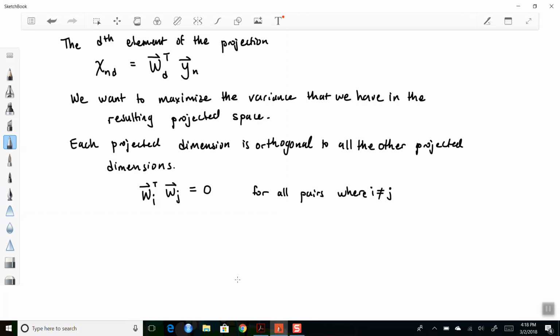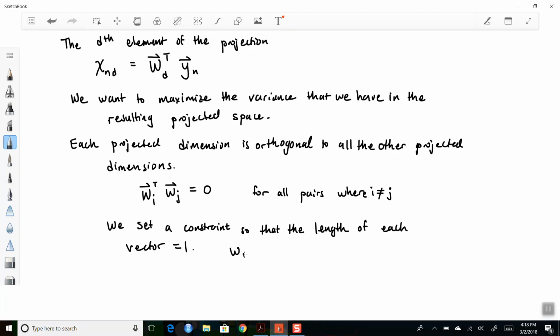So they're all going to be orthogonal to each other, okay? And then we set a constraint so that the length of each vector is equal to 1. So that is Wi times Wi is equal to 1. Okay.